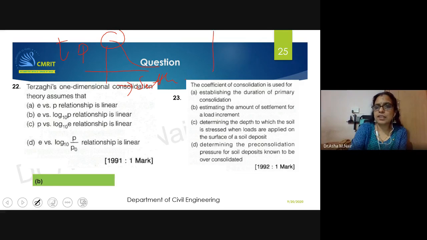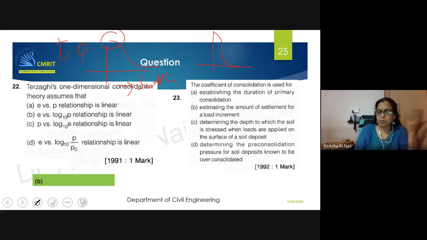Sometimes we can even get a graph like this. Whenever we have studied the logarithm time fitting method as well as the square root time fitting method, you can see all those differences. Initially the part will be immediate settlement. That expression is given by qb squared by 1 minus mu, qb into 1 minus mu square into. That expression you already have.